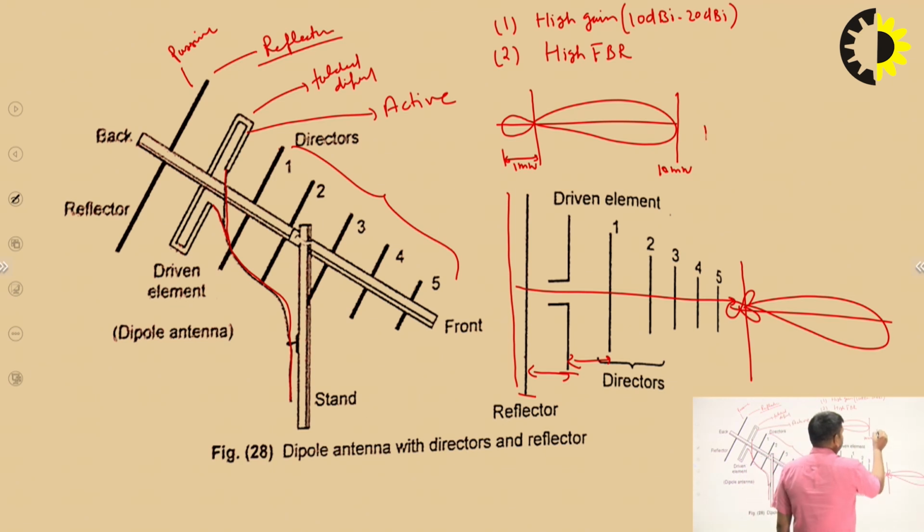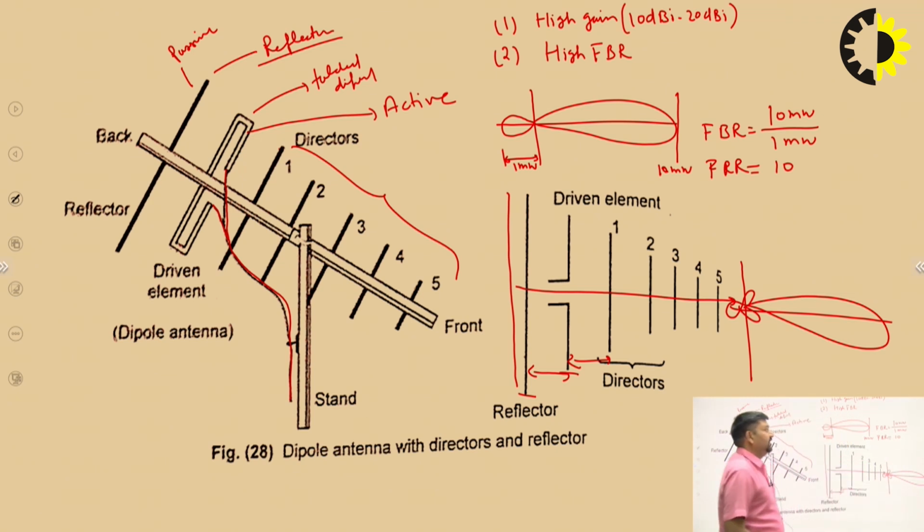What is the front to back ratio? It is the ratio of forward power, 10 milliwatt, to 1 milliwatt, so the front to back ratio is 10. In this type of antenna, the front to back ratio is very high, in the range of 30 to 40.